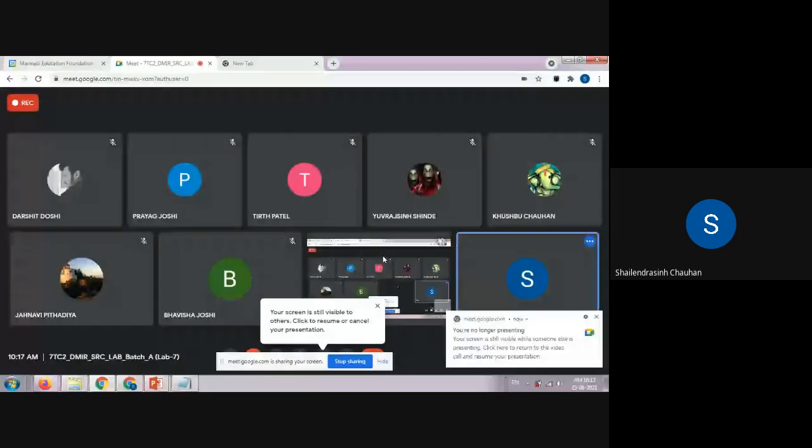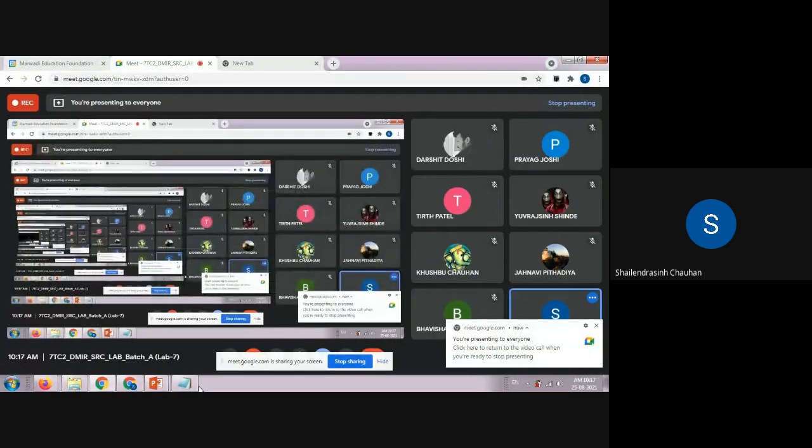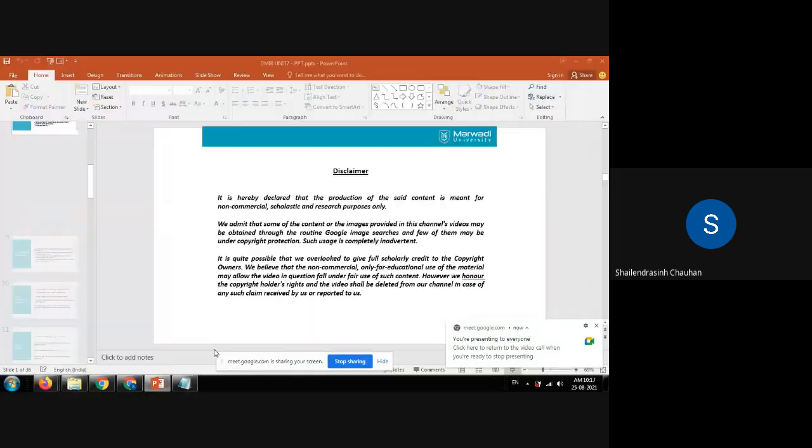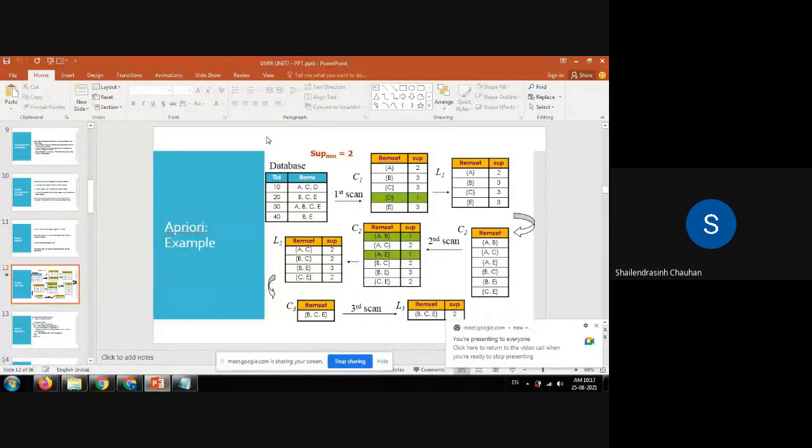Now, let us try to find out association rules for the example that we had seen in the previous lab, that BCE example. Let's consider this transaction table in which you are having 10, 20, 30, 40, 4 transactions. In the exam, this kind of table will be given to you.